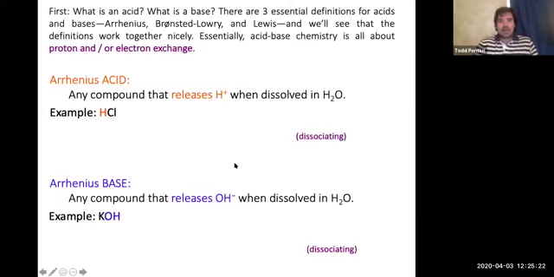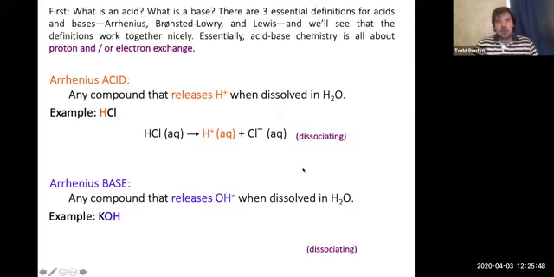So as a review, let's talk about the calling cards of acids and bases. So in an aqueous solution, what is it that makes something acidic? What is kind of the calling card of an acidic solution? Well, it's the ability to create H pluses, protons, or hydroniums in an acidic solution. So an example is HCl.